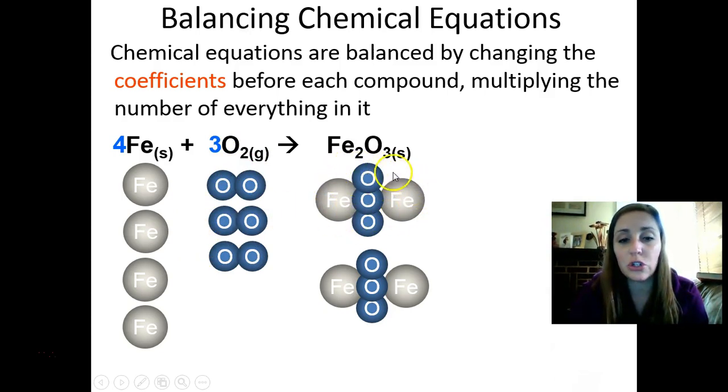How many Fe2O3s? Well, I have 1, 2, so I get a 2 as my coefficient. If I wanted to count the total number of iron atoms, iron is Fe. If I hadn't drawn these down here, I could say, well, I have 2 times my subscript of 2, that's 4. How many oxygens? Well, I take my coefficient 2 and I multiply it by the subscript 3, 6. So here's my balanced chemical equation.